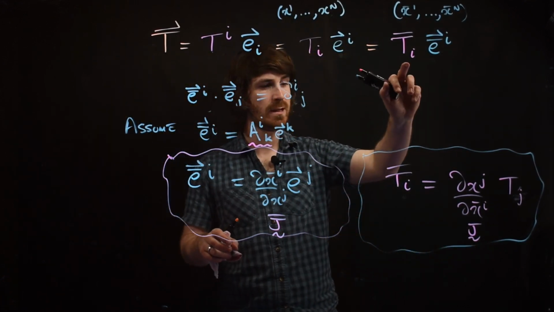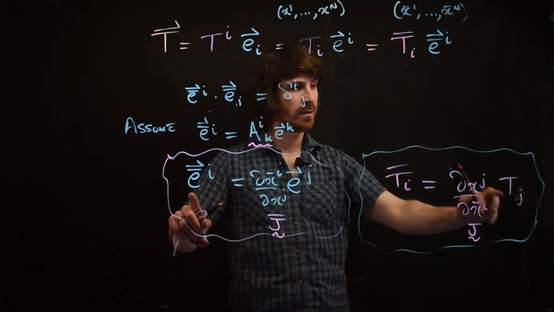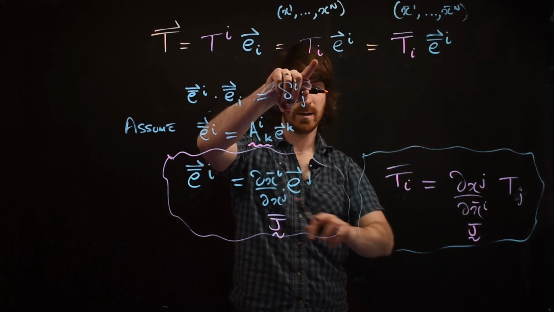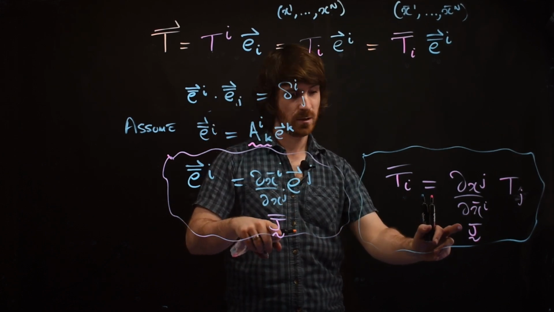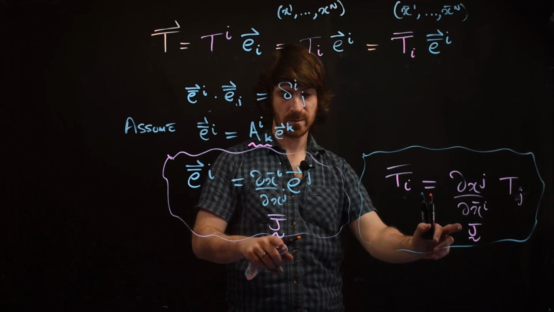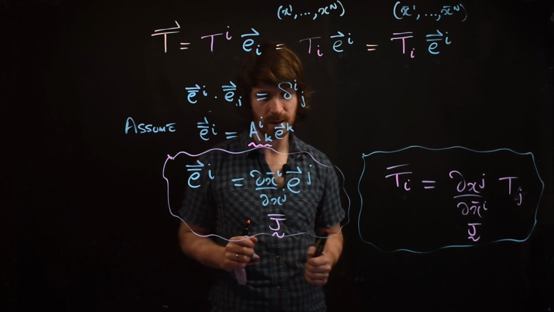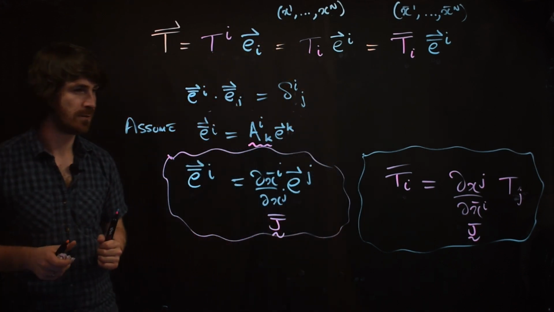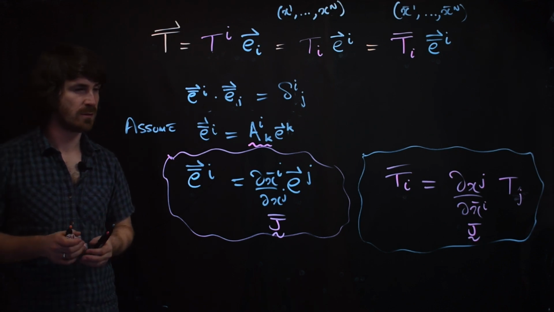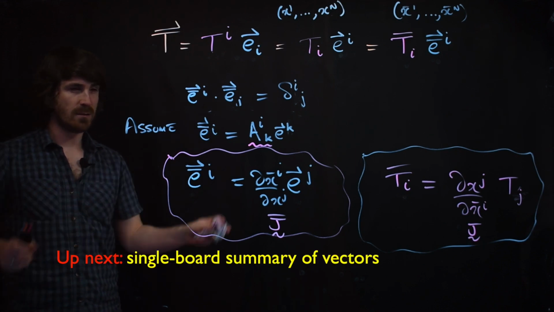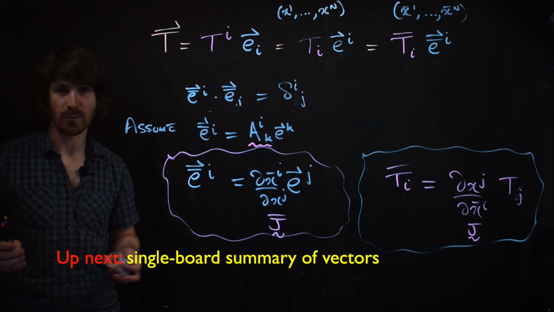If we look at T_i bar multiplied by e^i bar, we get a T and an e, and then two matrix elements, the matrix J and J bar, and they're inverses, so their effects cancel. So our vector remains invariant. Let me summarize what we found for vectors on one last board, and then we move on to tensors.